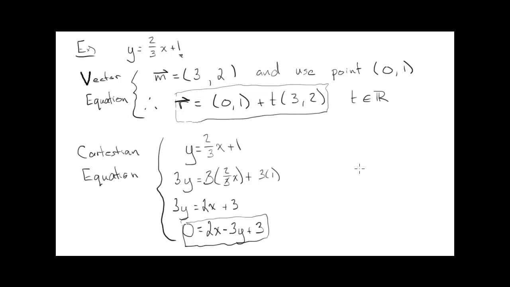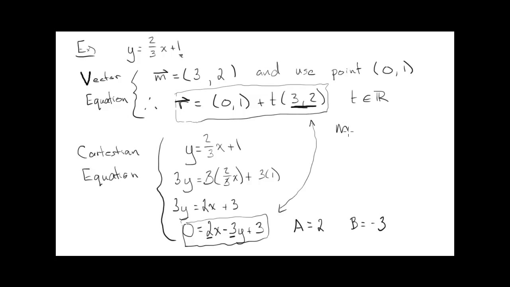So now I'm going to see if I can recognize a connection between these two. And what you might be able to recognize is, look at this. This is a direction vector, 3, 2. And look at the coefficients here. A was equal to 2, and B was equal to -3.